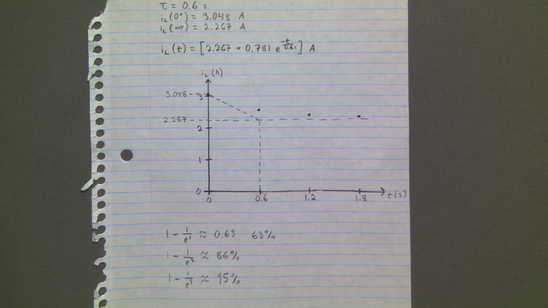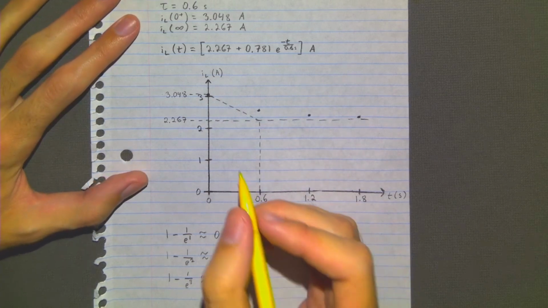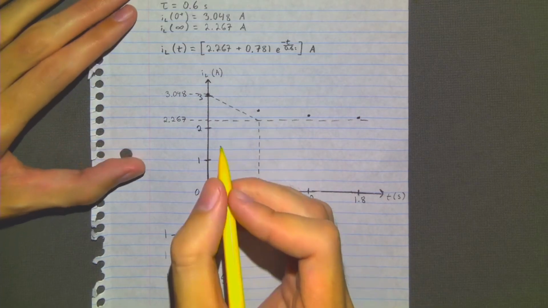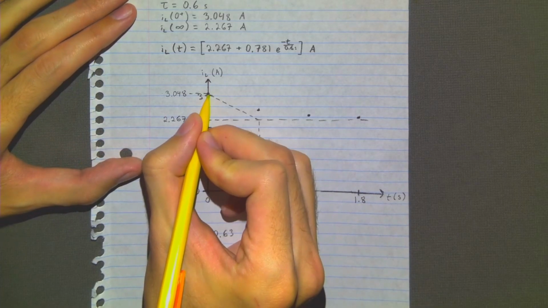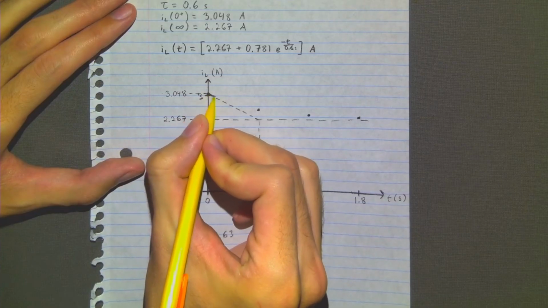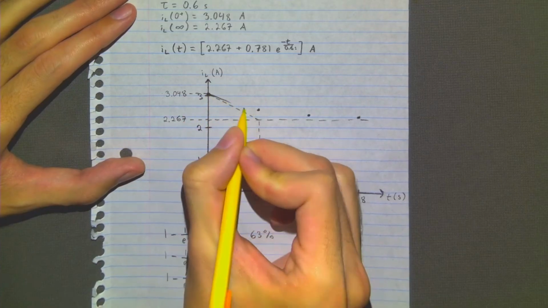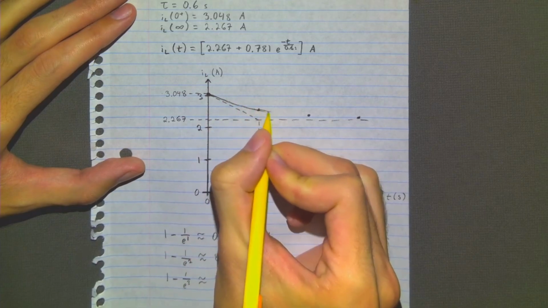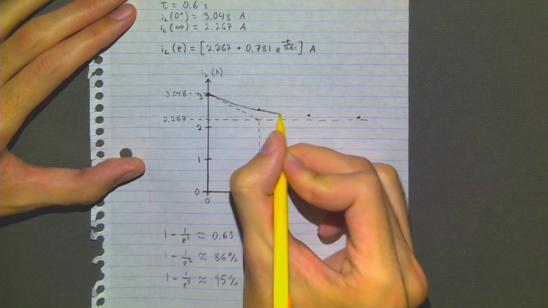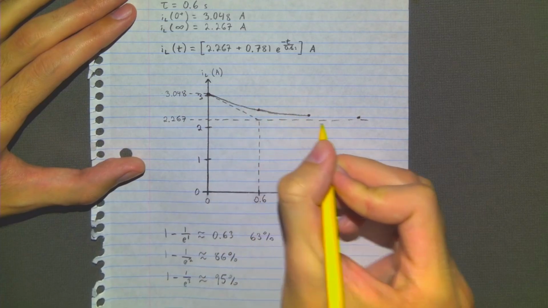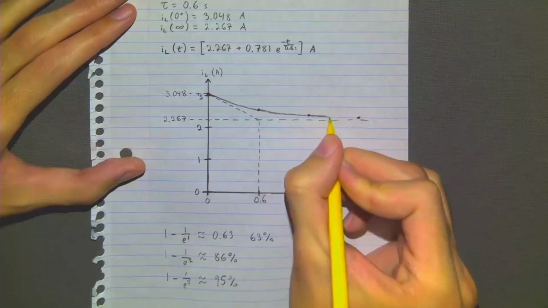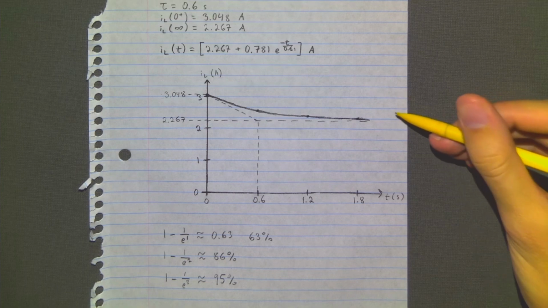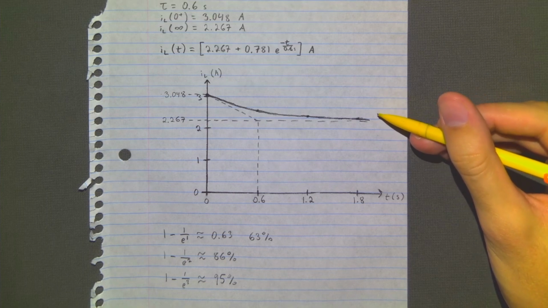And then we can smoothly trace our exponential curve as best as we can, making sure that we follow the tangent line at t equals 0. This is what our exponential curve looks like for the current through the inductor at time t.